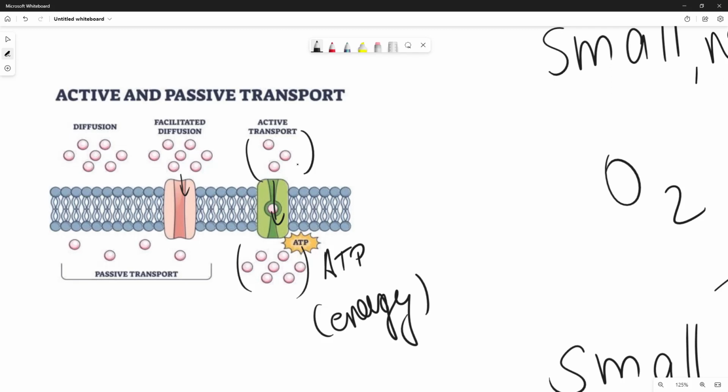So what the channel protein does is it takes an input of energy, it opens its tunnel and allows a particle, or multiple in some cases, to go in, and then it changes its shape so that the particle could go into the cell. This could also be the case if this is outside the cell and the cell is secreting waste.